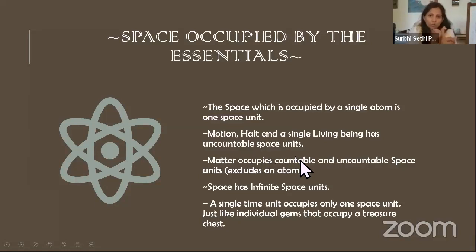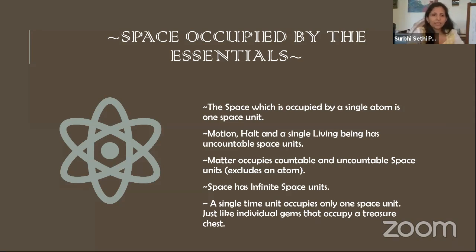Matter occupies countable space, which you can count. Uncountable, that you cannot count. And if it is an atom, then just one space point. The space unit occupied by the space itself is infinite. Why is it infinite? I'm going to tell you soon. A single time unit occupies only one space point, just like the individual gems that occupy the entire treasure chest.